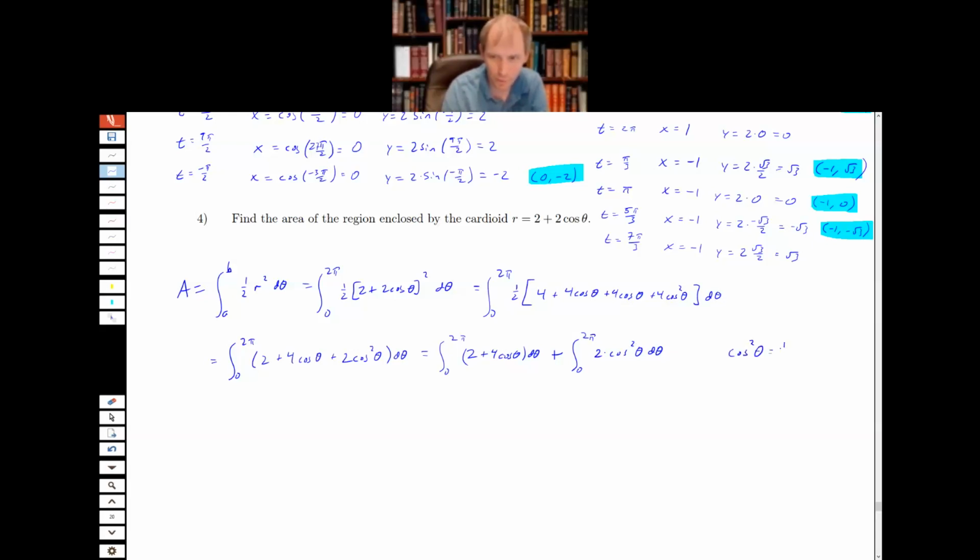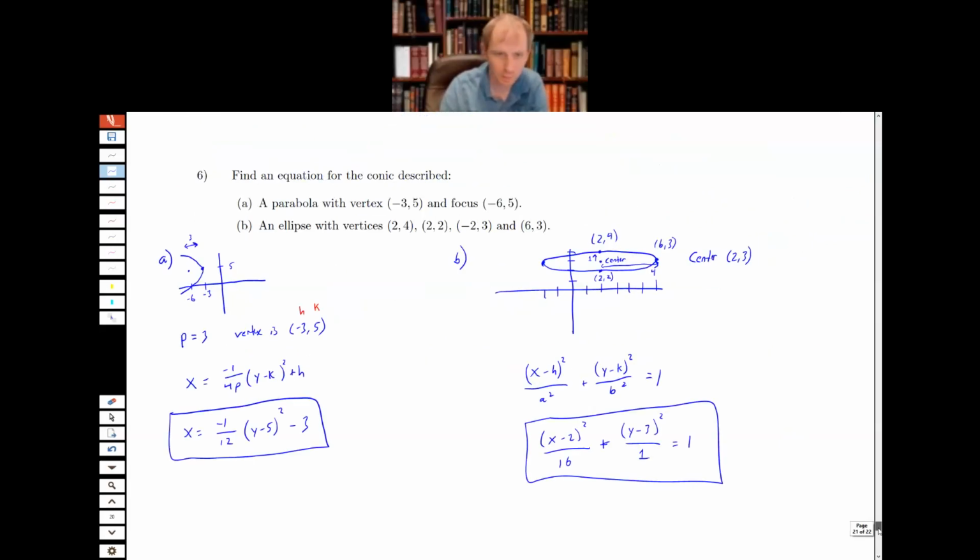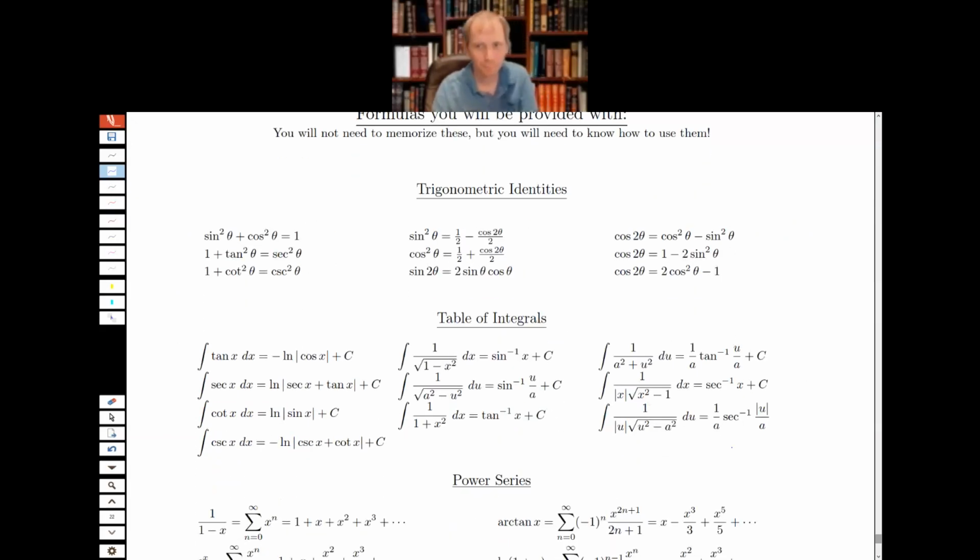Cosine squared theta is 1/2 plus 1/2 cosine of 2 theta. And I think that was one of your identities that's provided on the exam. Okay, cosine squared theta, yeah, here it is, 1/2 plus 1/2 cosine 2 theta.